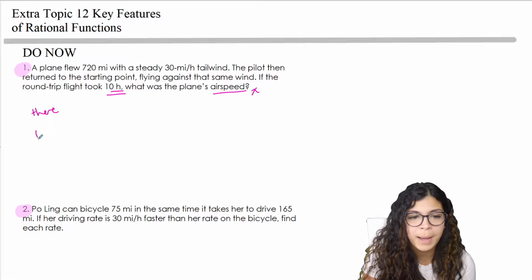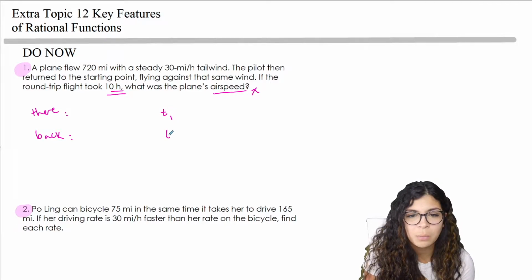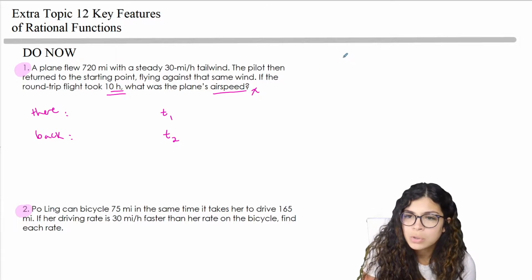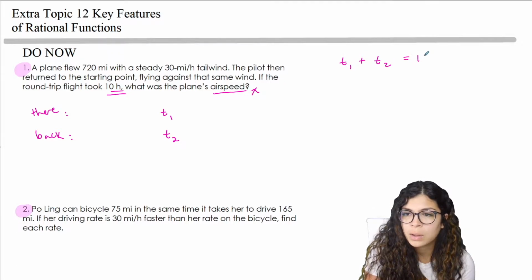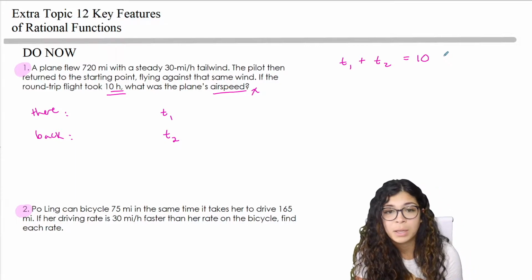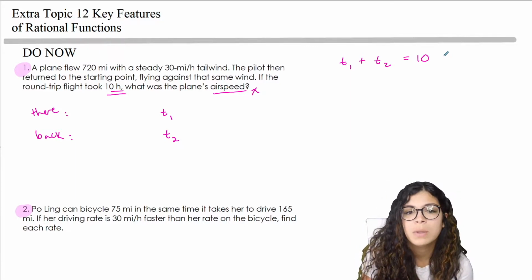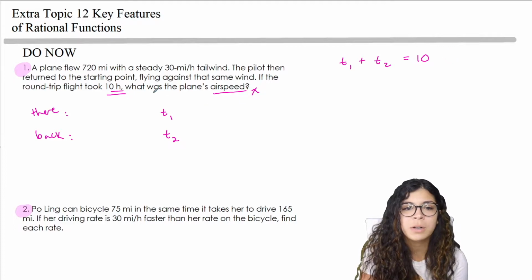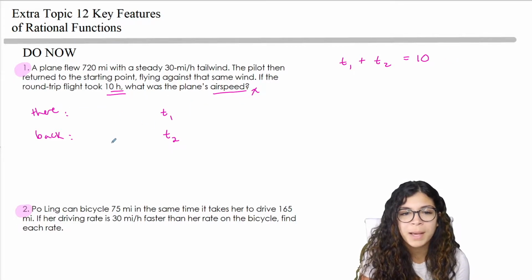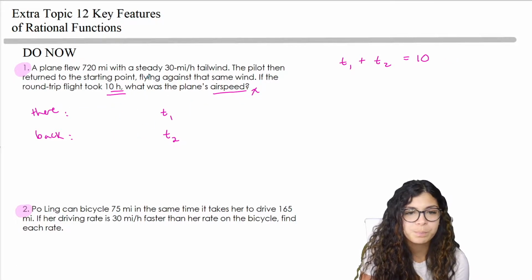We'll call the time there t1, and the time back t2. So time 1 plus time 2 is a total of 10. It could be 5-5, it could be 6-4, we don't know the times specifically, but round trip, there and back, is 10 hours total.